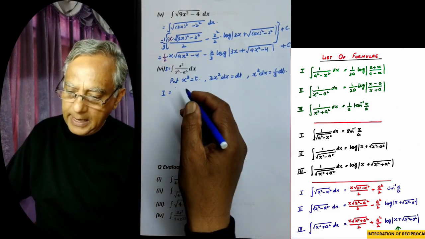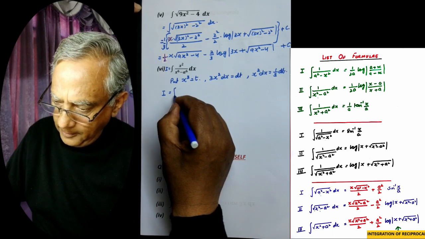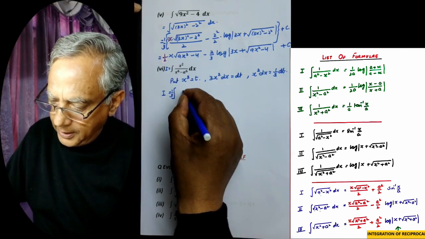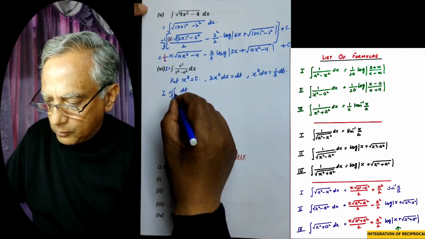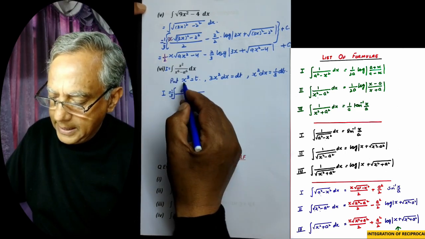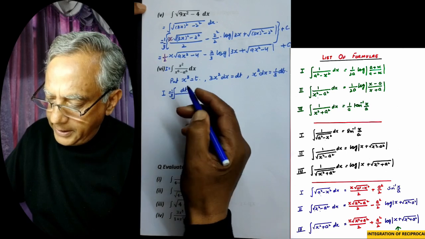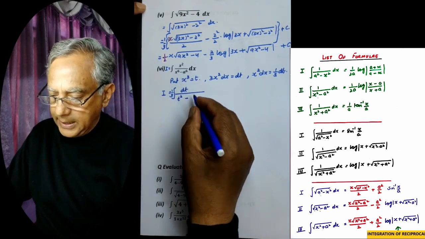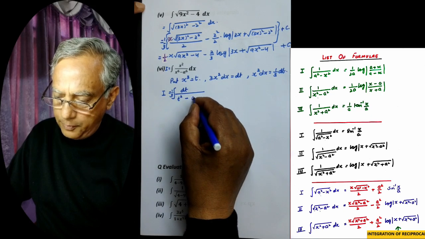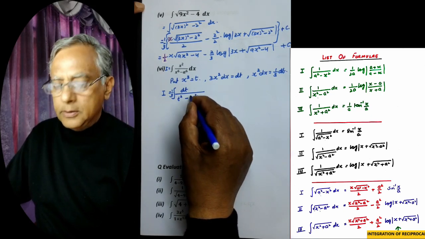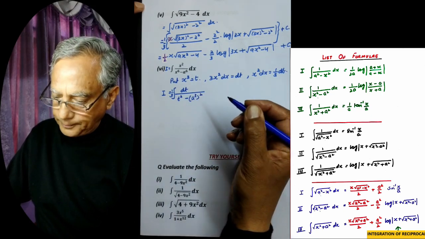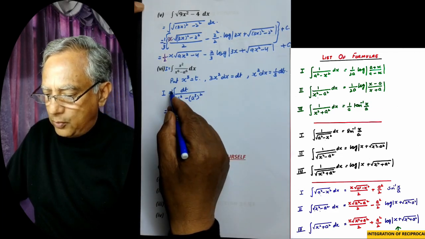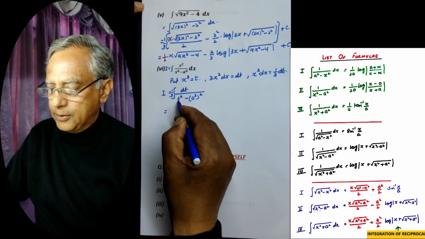So I can be written as integral, x square dx is 1 by 3 into dt, whole divided by x to the power of 6 will be t square, and a to the power of 6 we can write a cube whole square. So this is 1 by 3 dt over t square minus a square.